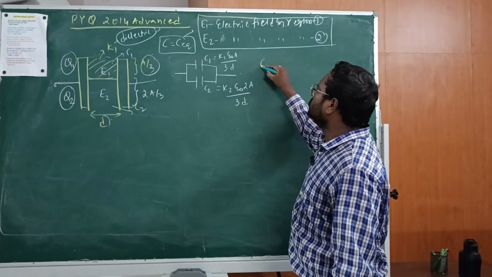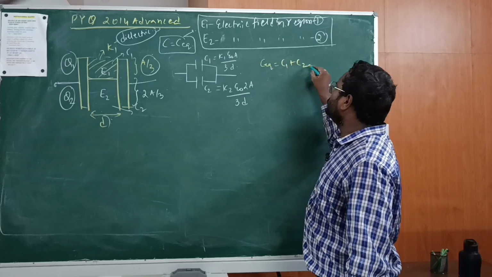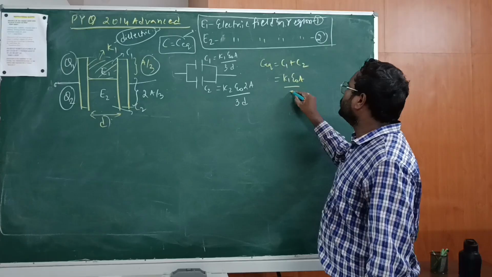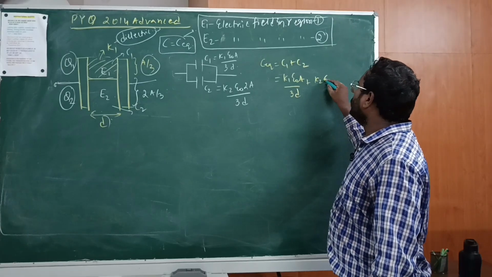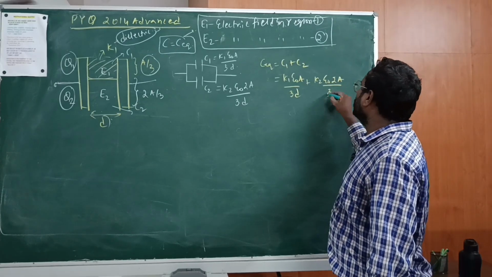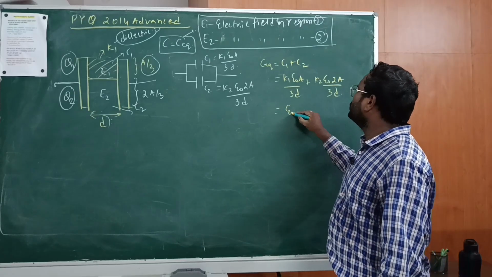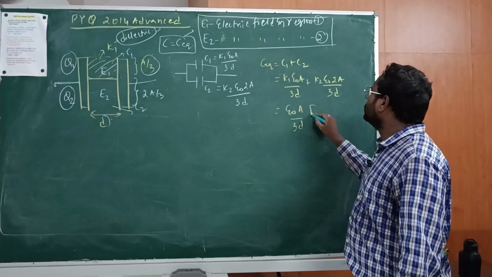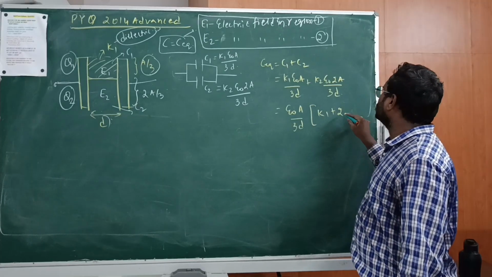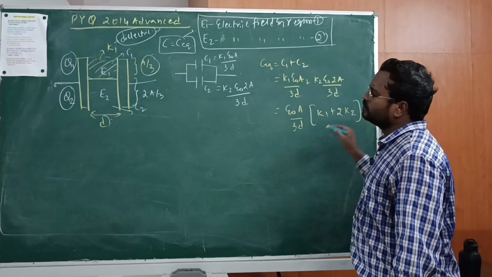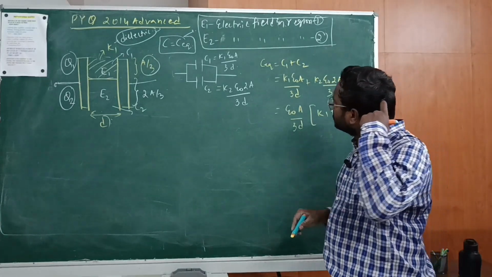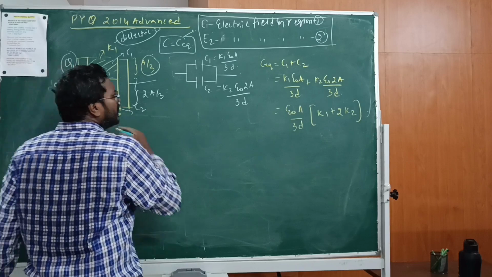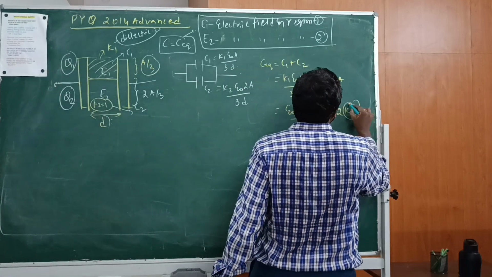As this is C equivalent, C equivalent is C1 plus C2, which is K1 epsilon naught A by 3D plus K2 epsilon naught 2A by 3D. Taking epsilon naught A by 3D as common, we can write K1 plus 2K2. What is K2 here? K2 here is 1 because free space is there. So K2 is going to be 1.